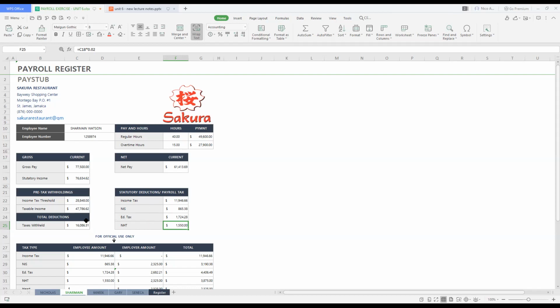So we're going to take the 28,840, because we don't have to work it out again, the minimum wage threshold, from the statutory income of $76,634.62 to get a taxable income of $47,786.62.